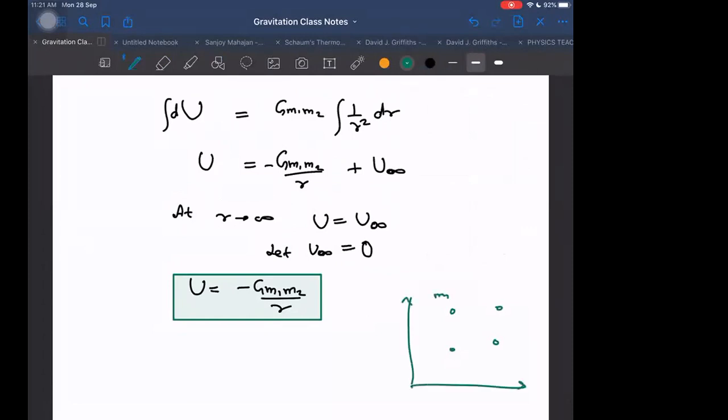In general, I should write mi, mj: ith particle, jth particle, with position vector of ith particle and position vector of jth particle. So it depends on the relative position between these two, the vector of j with respect to i. And it is a scalar quantity, by the way, because masses are scalar. It is finally a scalar quantity.